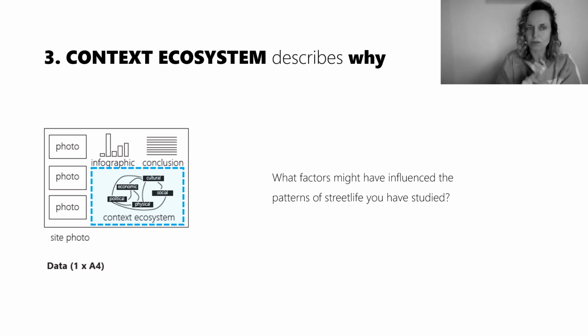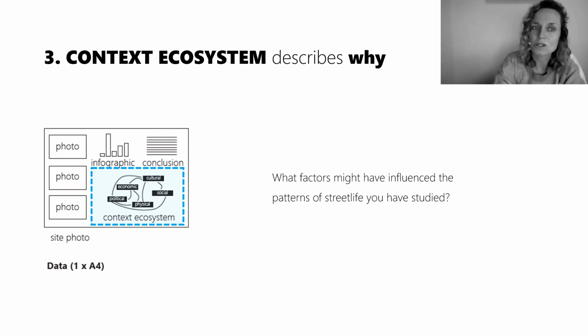So we've talked about the photo. We've talked about the infographic. The third aspect of the data page is the context ecosystem. The goal of the context ecosystem is to describe why the street life pattern that you have noticed might be happening.